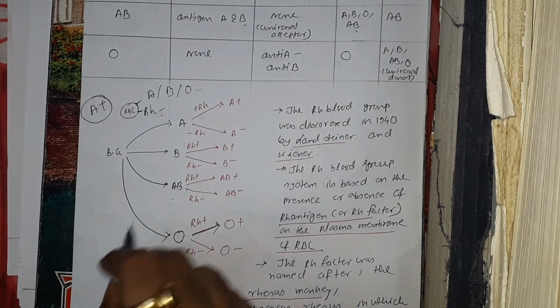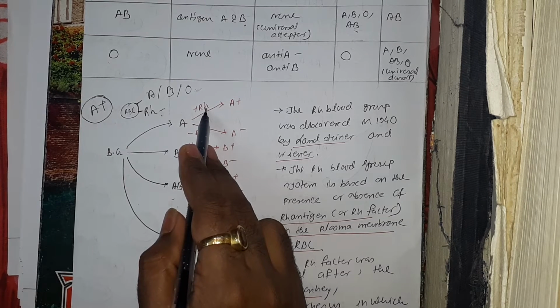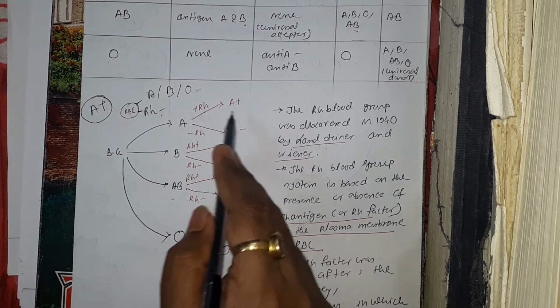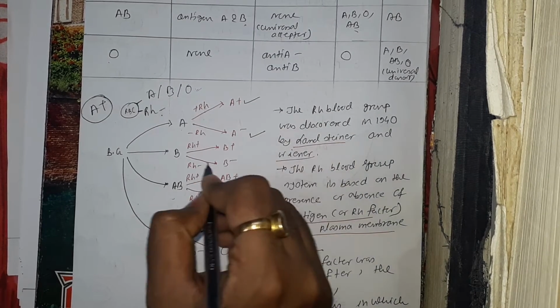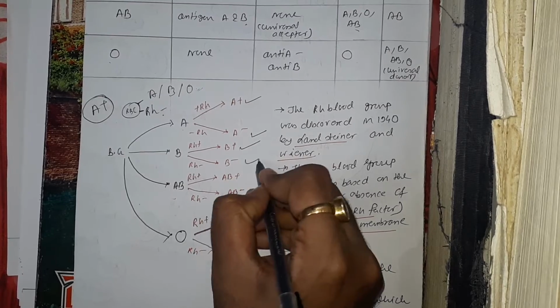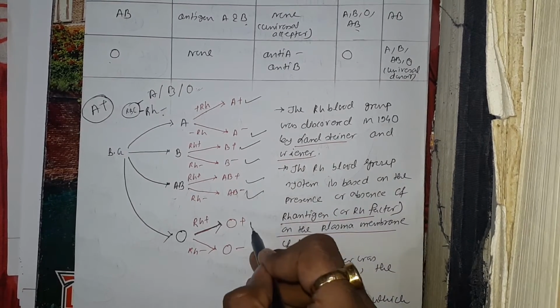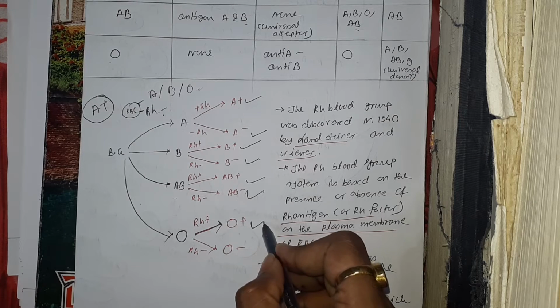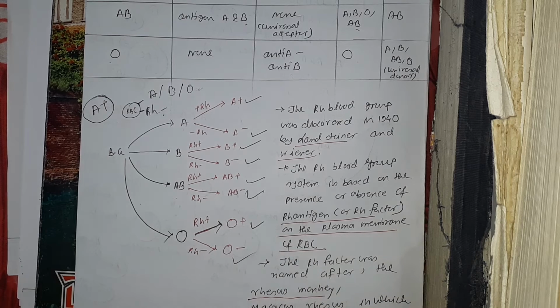Similarly, if it is not present, then A minus; if present, B plus; if not present, B minus; if present, AB plus; if not present, AB minus; in case of O, if it is present it is called O plus, and if it is not present, then it will be O minus.